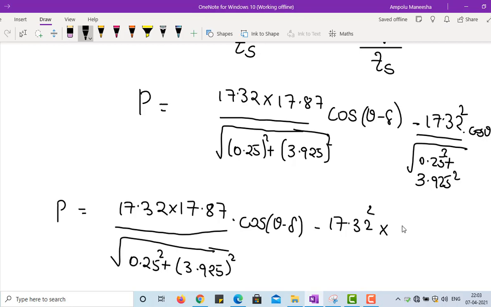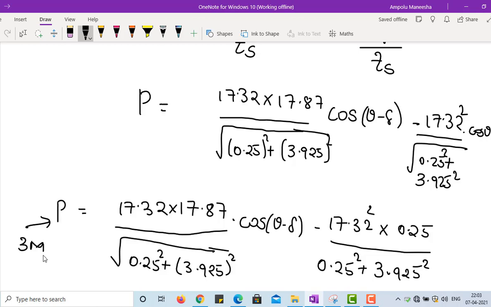So R, how much it is given? 0.25. So 0.25 square plus 3.925 square. And how much power the inductive load is receiving? 3 megawatts, right?